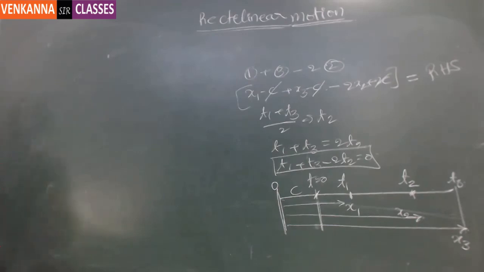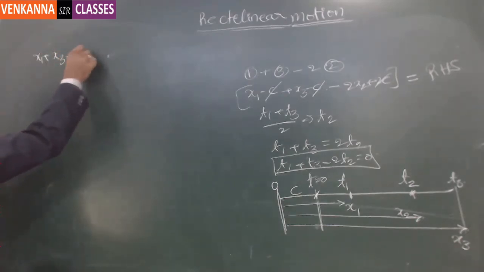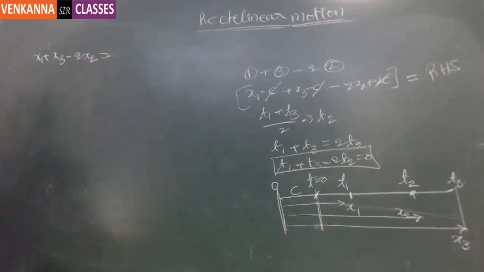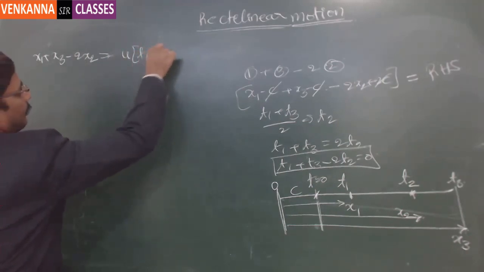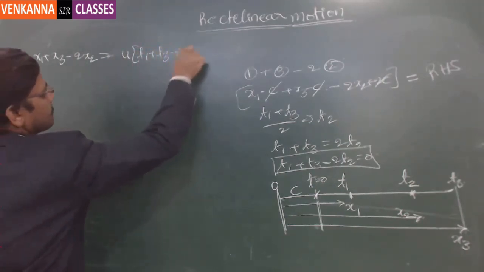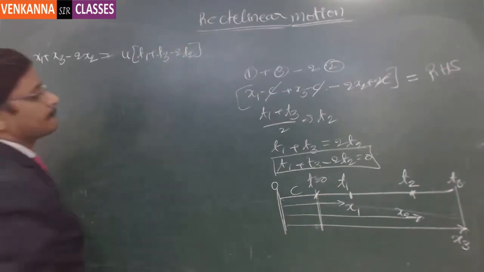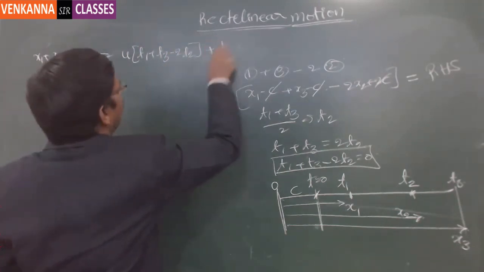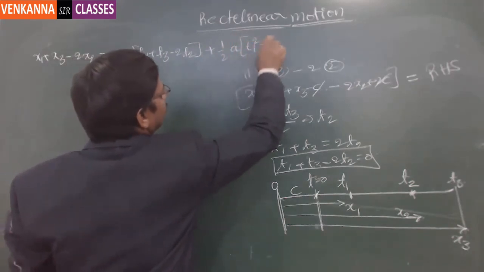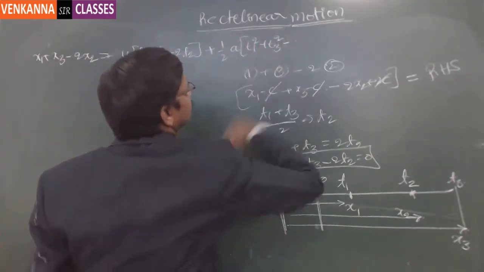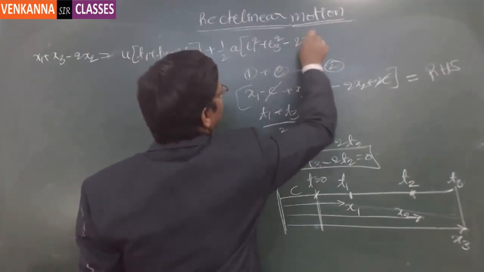So from this relation, x1 plus x3 minus 2 times x2, on the right hand side, what we are going to get is u times (t1 plus t3 minus 2t2) plus half a (t1 square plus t3 square minus 2 times t2 square).